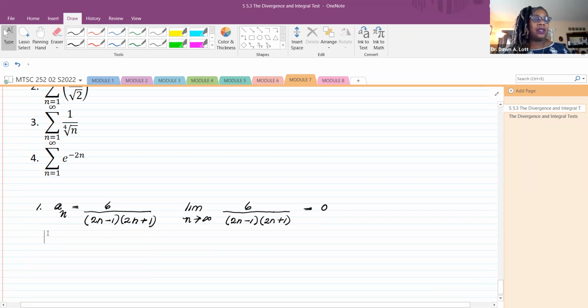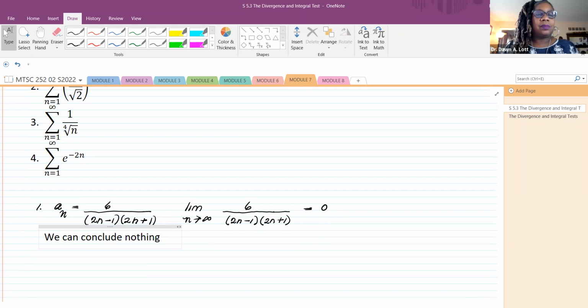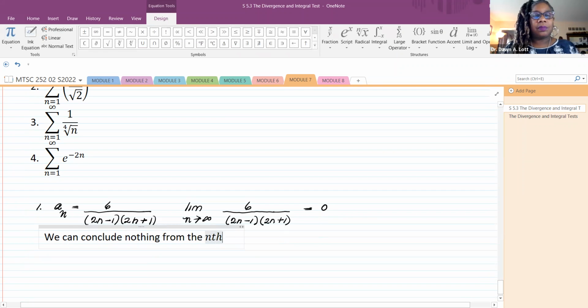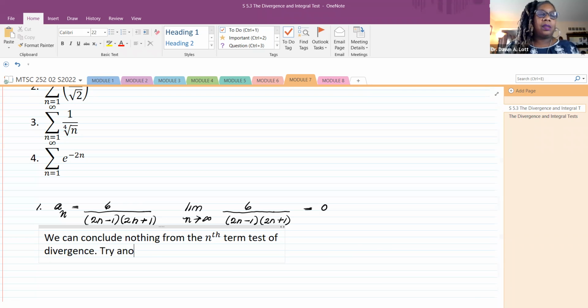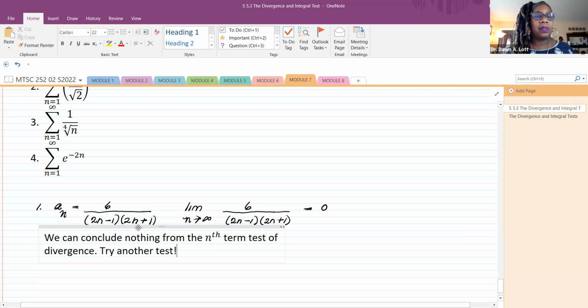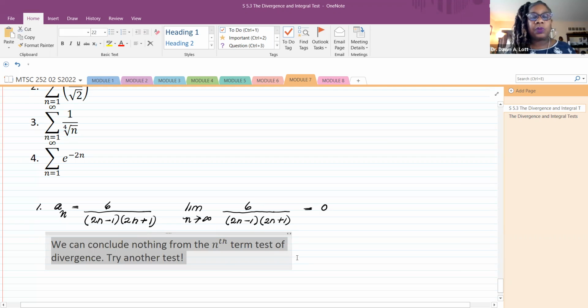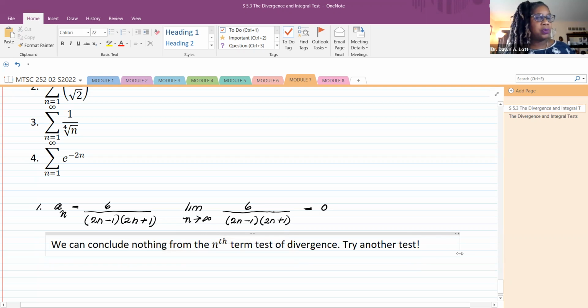So we have to try another test. Although it looks like we could try the nth term test of divergence, it won't work.